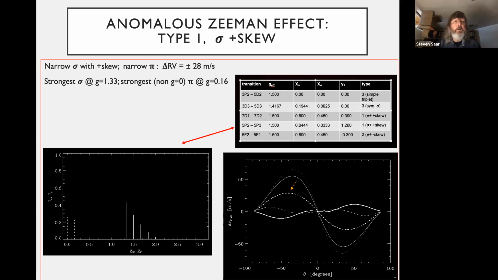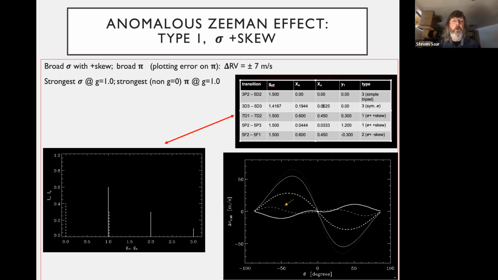The next one has the following distribution. It has a narrow positive skewed sigma distribution and a narrow pi distribution, unlike the previous that had quite broad distributions of both of them.